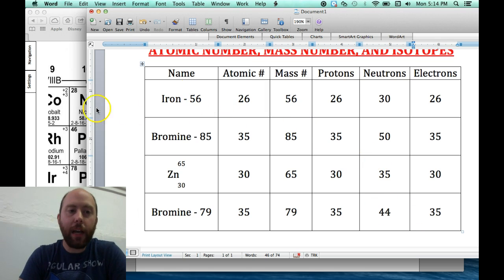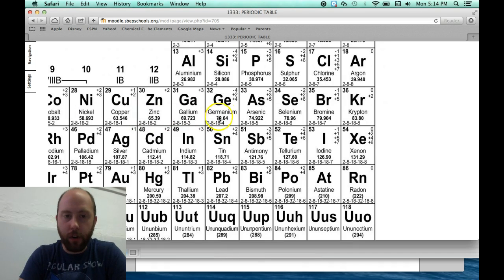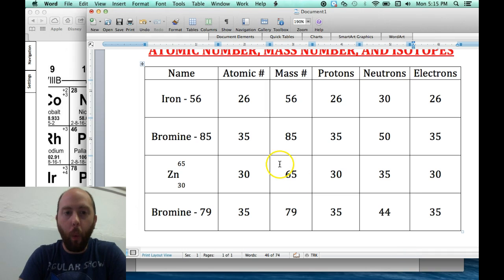The only time you ever take this number here, the average masses, and round them to the nearest whole number is if, one, I don't give you a mass number like I did here or here. Both in these examples, I gave you these mass numbers. Or, in this example, where I gave you the neutrons.